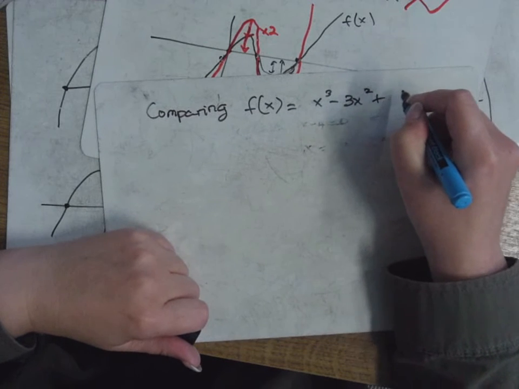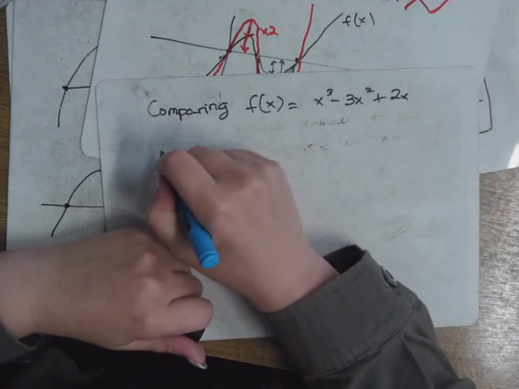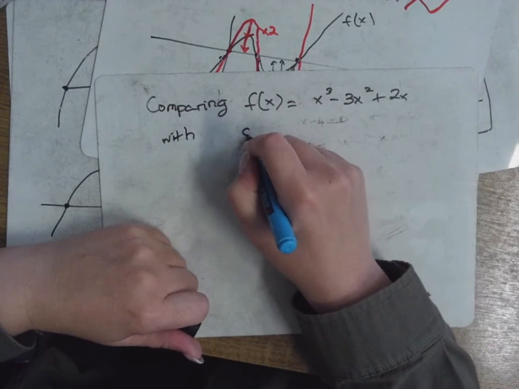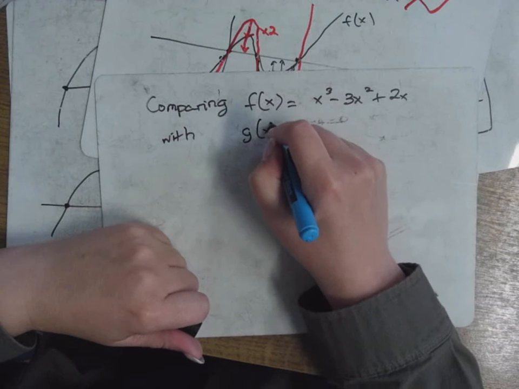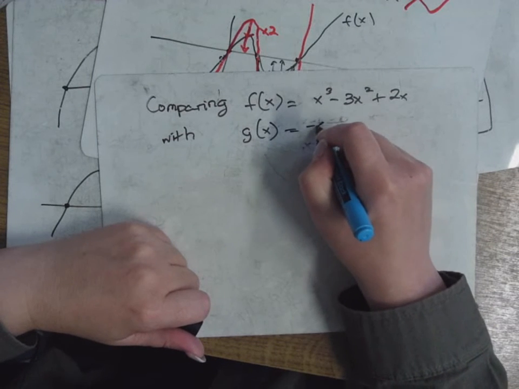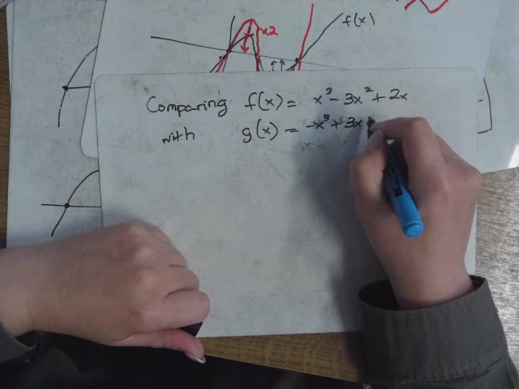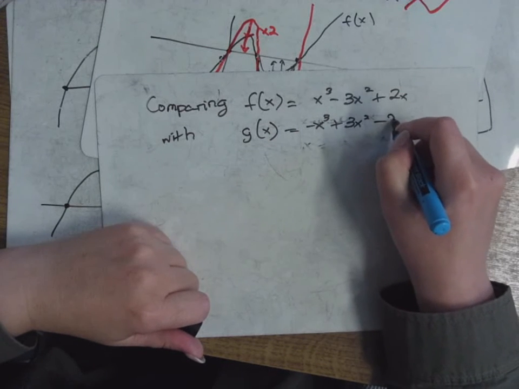So I'm just using the same example again, except g of x this time is going to be minus x cubed plus 3x squared minus 2x.